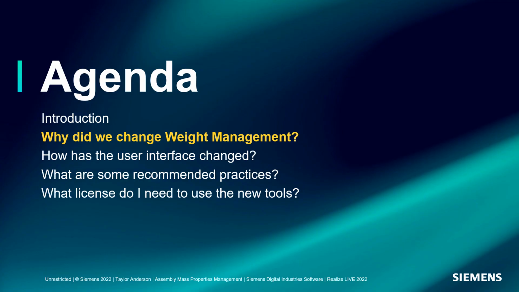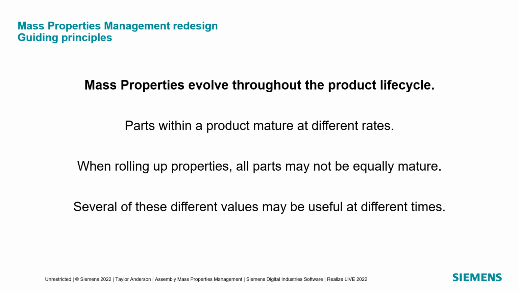As we talked about how to change these tools, there were some guiding principles that we looked at. And these, again, evolved as we talked with customers around the world. But these were some of the important things that we concluded there. A really important one is this concept that mass properties evolve throughout a product life cycle.